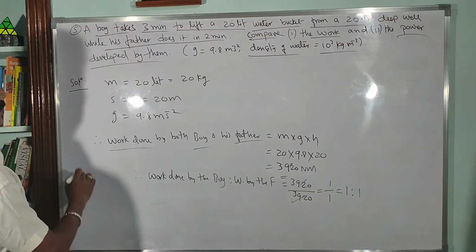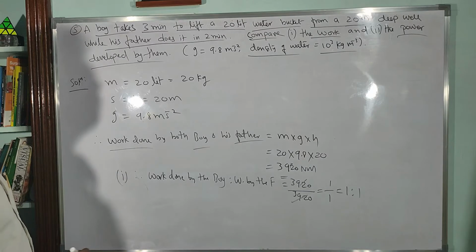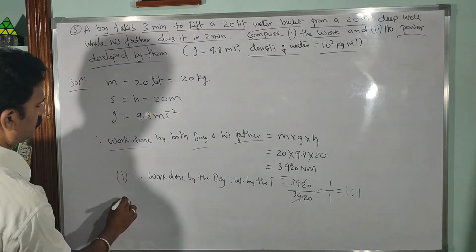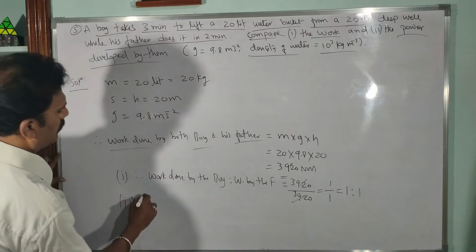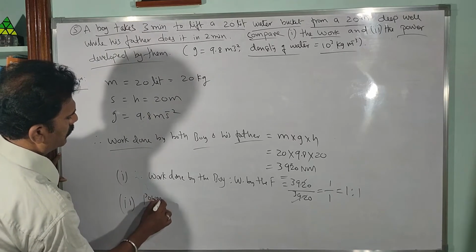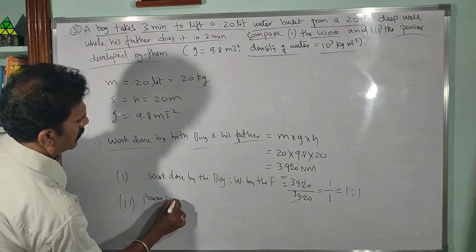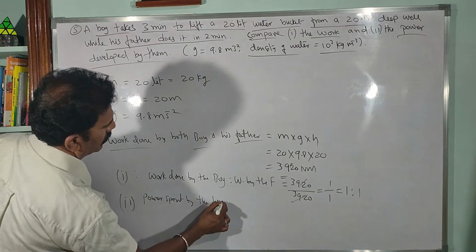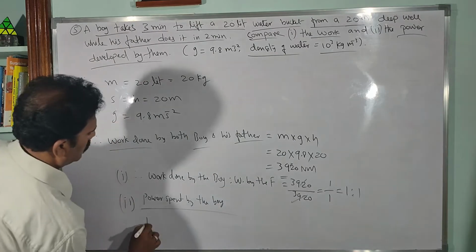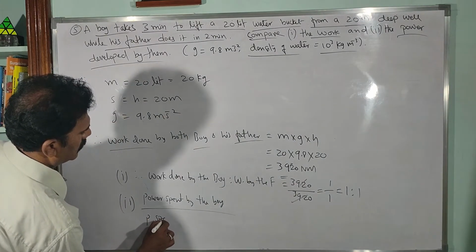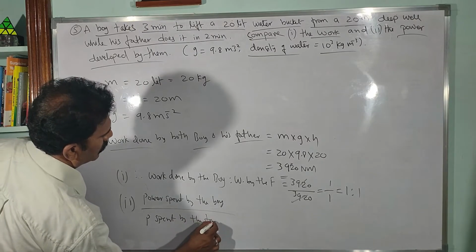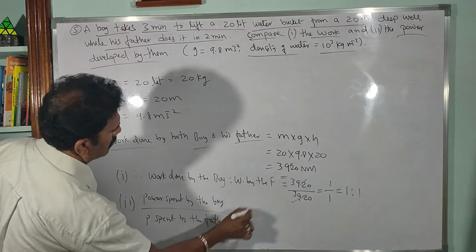Okay, what is the next parameter? The second parameter, you also need to compare the power. Power spent by the boy to the power spent by the father, that is the comparison, correct?